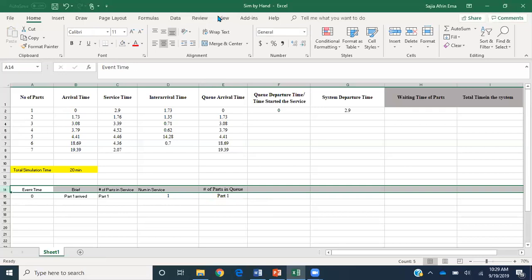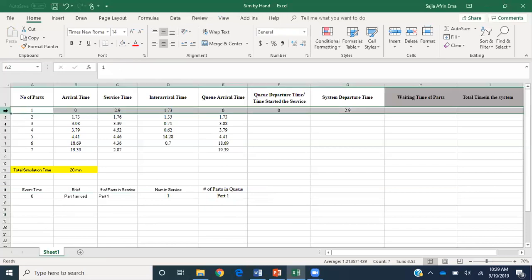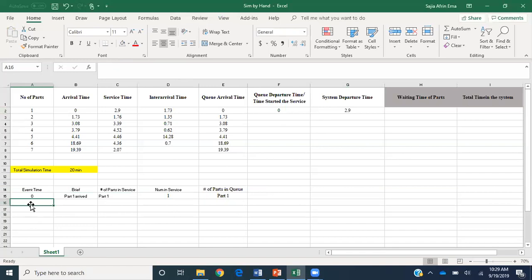Okay, we'll get through it slowly. Next event: when I'm over here at the 0 minute, I'll think that at 2.9 minutes the next event will trigger. So I'll write that event time, and then brief will be part 1 departs.